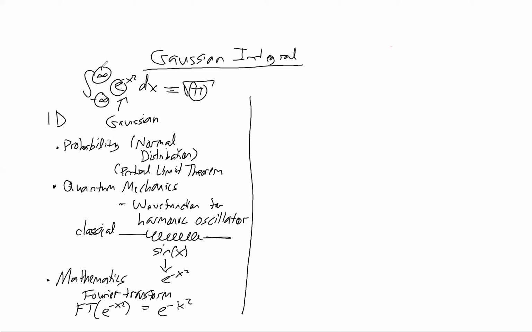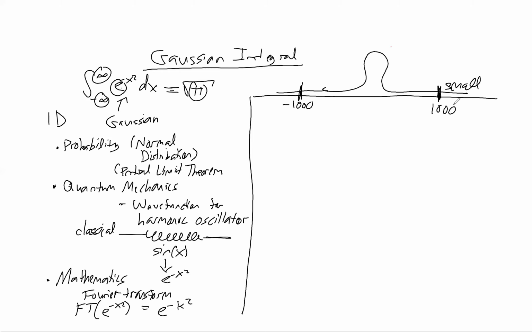And the reality is it doesn't matter because with a nice function like the Gaussian, which looks like this, there's no problems with infinities really, because this thing is so small that you could well approximate the integral by just truncating it to some finite interval like minus 1,000 to 1,000, because e to the minus 1,000 squared is really, really small, so it doesn't really contribute to the integral, right? So I'm just saying, don't get freaked out by infinity. Just treat it as the same thing.